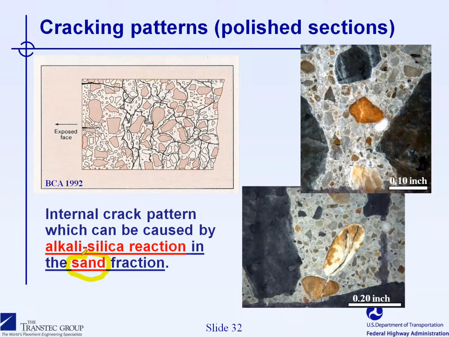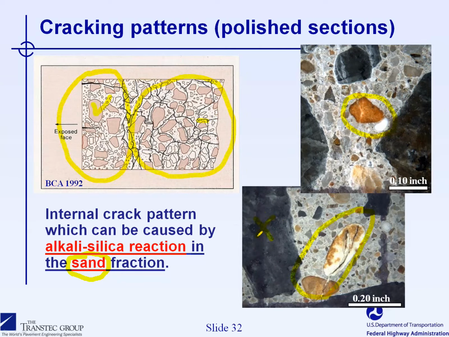When ASR has been developed through a reaction with the fine aggregate fraction or the sand fraction, the surface section of the concrete will be pretty much the same, where macro cracks will be observed. In the internal portion of the concrete, though, the cracking will actually develop further in the cement paste, running from one aggregate particle to another, but running through fine aggregate particles, as you can see here.